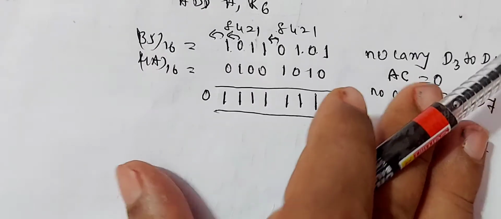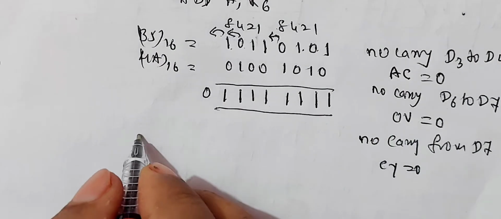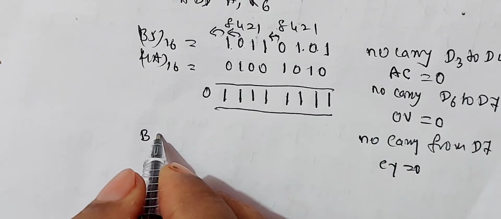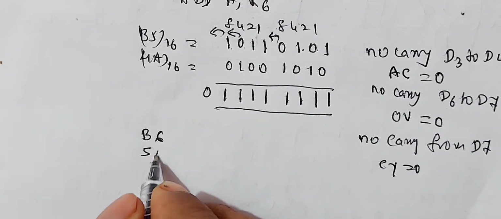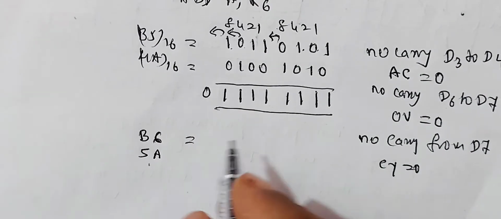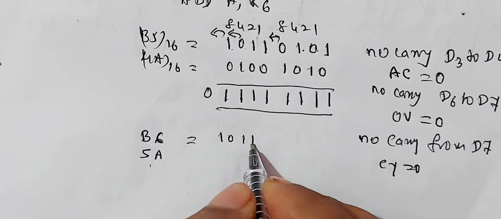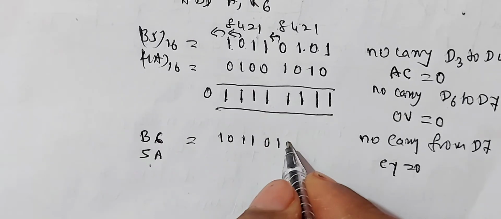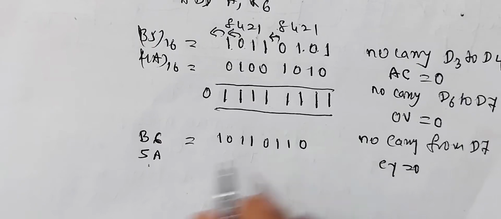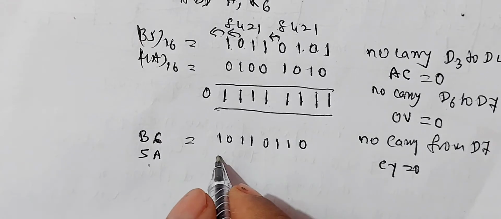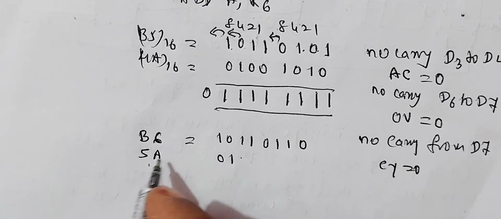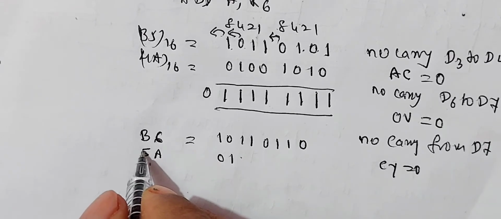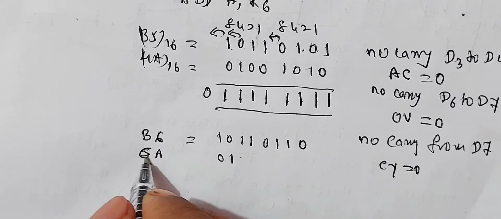I will explain this with another example. I will add B6 with 5A. What is B6? B is 1011, 6 is 0110, and 5A, 5 is 0101. Instead of 5A, I will consider CA.